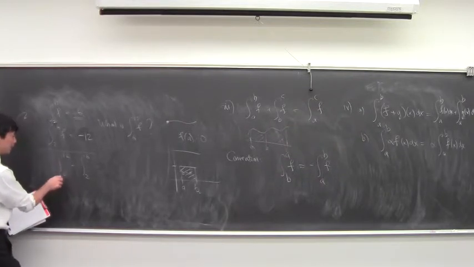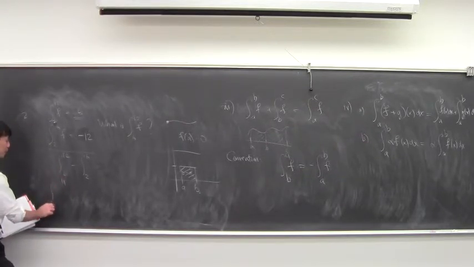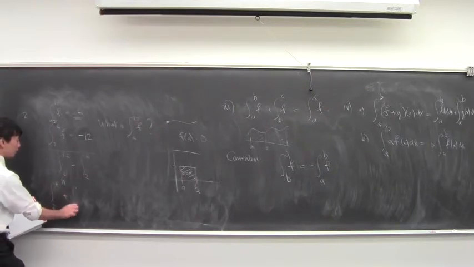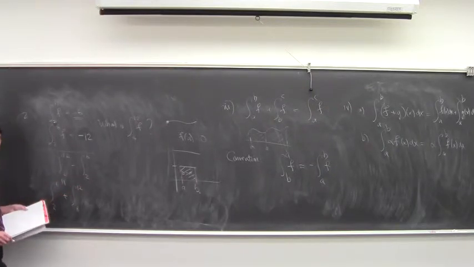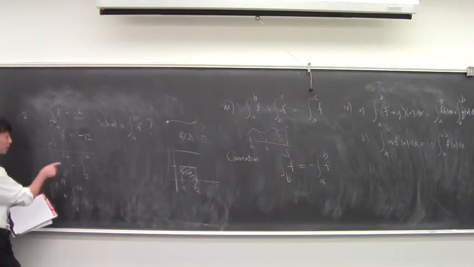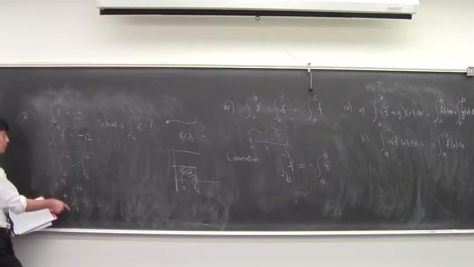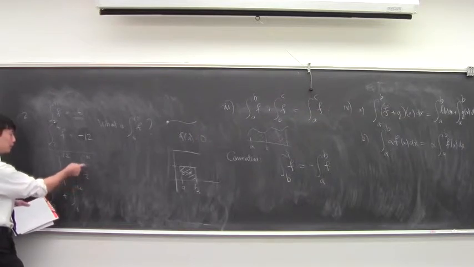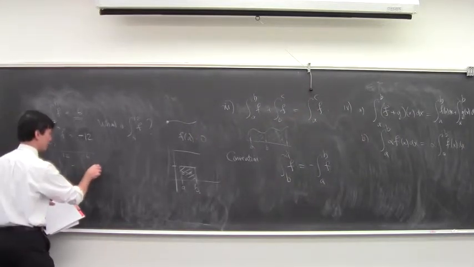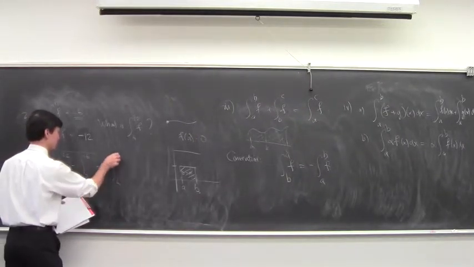Because, right, this guy here is the integral from 2 to 6 plus the integral from 6 to 12. If you subtract off the integral from 2 to 6, well, you're going to be left with the integral from 6 to 12.